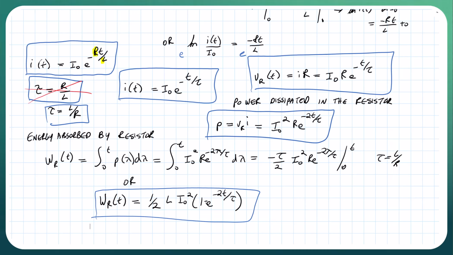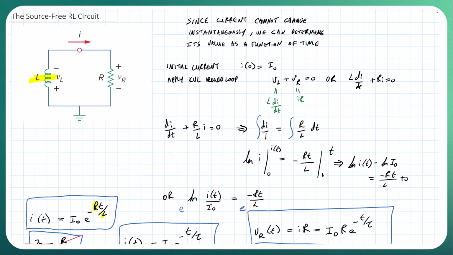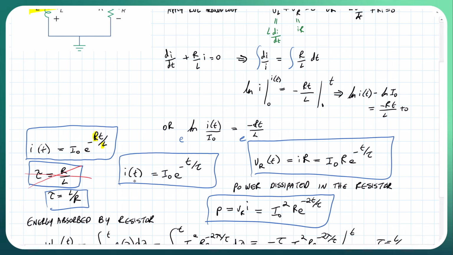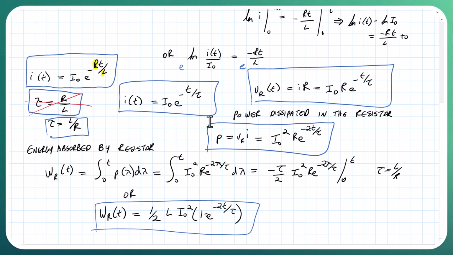So now we've defined all the equations needed for the RL circuit. We just assume the initial current at time 0 is I naught, and we go from there to derive the current as a function of time with the RL time constant tau, which is L over R, not R over L. Then we figure out the voltage across the resistor, the power dissipated across the resistor, as well as the energy absorbed by the resistor.